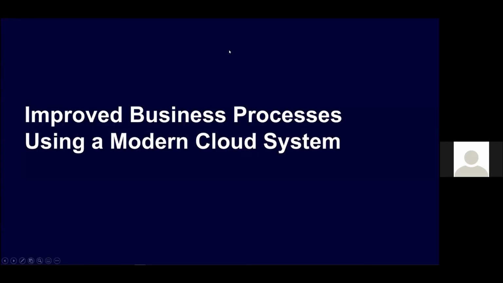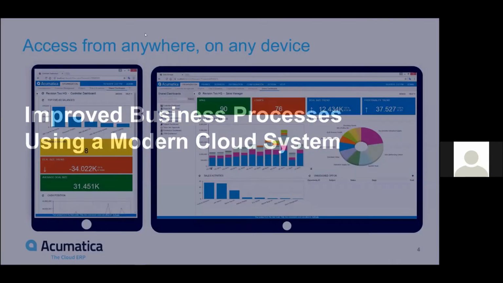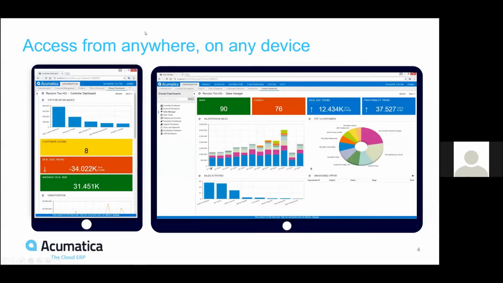Acumatica is a cloud-based system, as you'll see in a subsequent slide. Although it's a cloud-based system, it can be deployed in a super flexible way. We'll show you what we mean by that. Acumatica is browser-based, therefore you can run it on any device anywhere. That includes smart devices like phones and tablets.